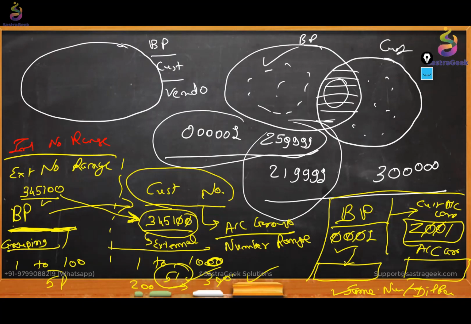When the system creates your business partner, it will create internally one number, for example 1000. Then, when you extend that business partner for the sales area role, at the time of creation the system will search whether it has the same number 1000 open or available in the customer master's number range.